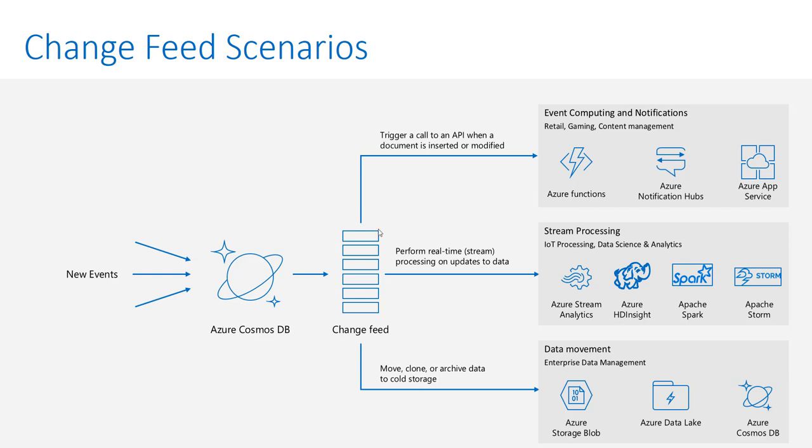So change feed is a persistent log of records in Cosmos DB. Whatever data is getting inserted in Cosmos DB, you can listen on the change feed and you can get all those records. So that's what change feed is. Change feed is kind of a window by which you can see inside Cosmos DB and see what records are getting inserted, what are getting updated.